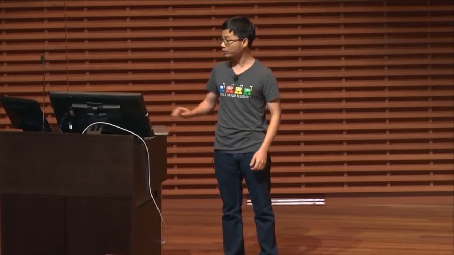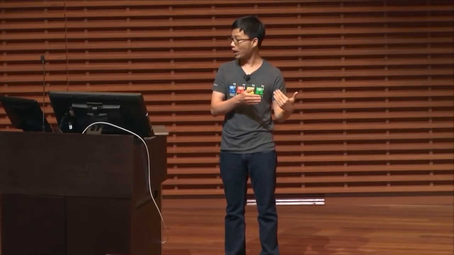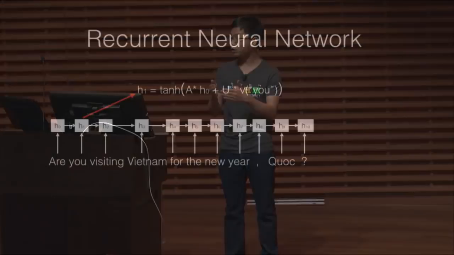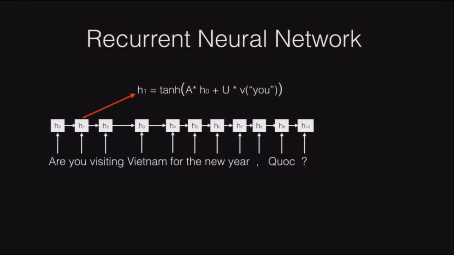Let's suppose that's h of 0. Now h of 1 would be a function of h of 0 and the vector for the next word, which is A times h of 0 plus U times the vector of that word. And then you can keep going with that. This is one of my three most complicated slides, so you should ask questions.